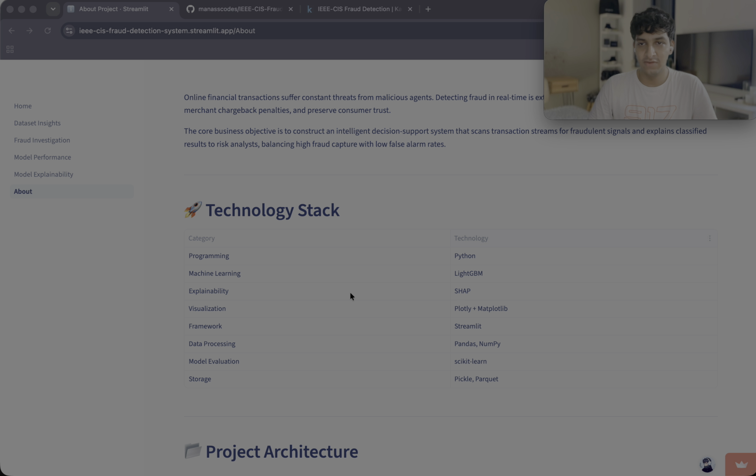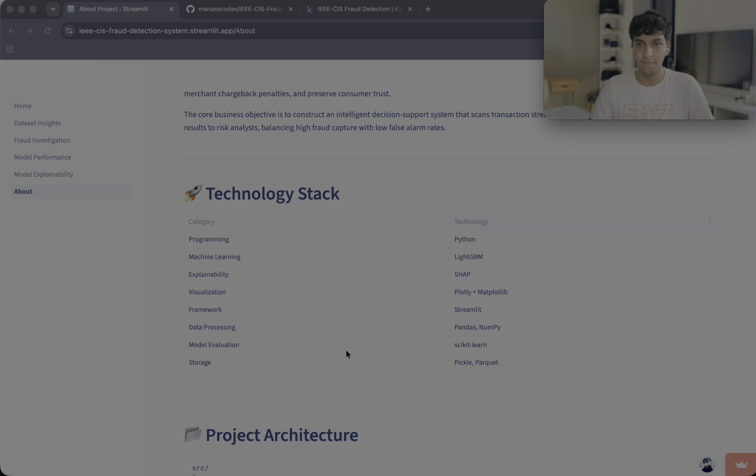The tech stack is very simple, a basic core ML stack: Python, a LightGBM ensemble algorithm, and explanation using SHAP, Shapley additive explanations. For visualization, I have used Plotly for dynamic charts, which you will see in a few minutes, and Matplotlib for EDA. The UI is built using Streamlit, and data processing and engineering using Pandas and NumPy. That is basic, so now let's jump into the demo.